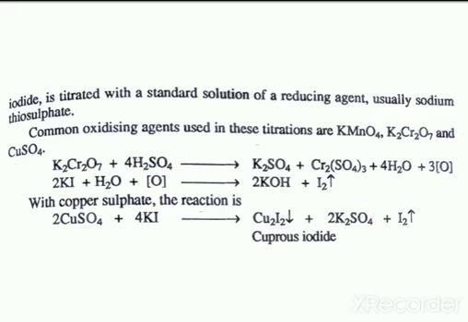Therefore, we know what iodometric titration and iodimetric titration are. Iodimetric titration is also called a direct titration, because the iodine solution is directly titrated against the reactant we have taken, and in iodometric titration, the liberated iodine is titrated.